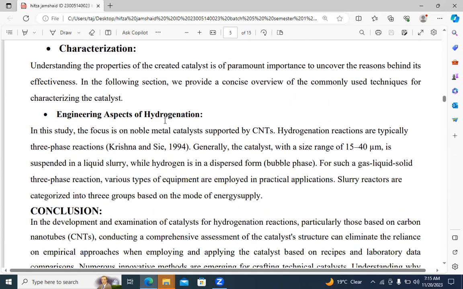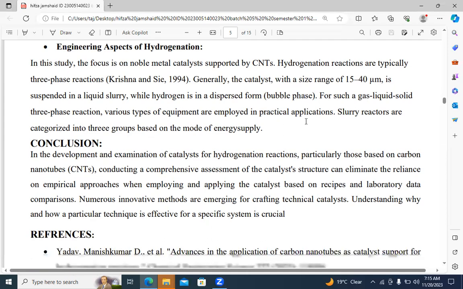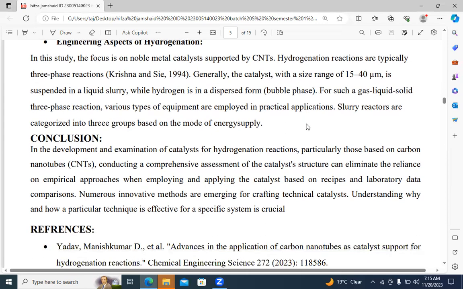For the engineering aspect of hydrogenation, we use noble metal catalysts on carbon nanotubes in three-phase reactions, for example solid, liquid and gas phases, and the catalyst used has a size of 15 to 400 micrometers. Then we can easily prepare the carbon nanotube catalyst for the hydrogenation reaction.